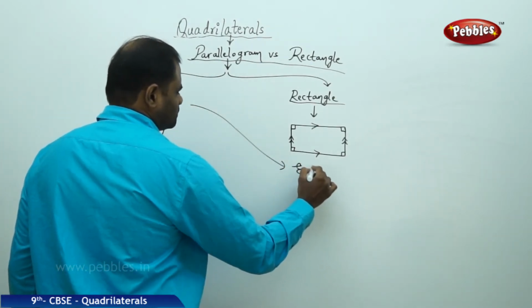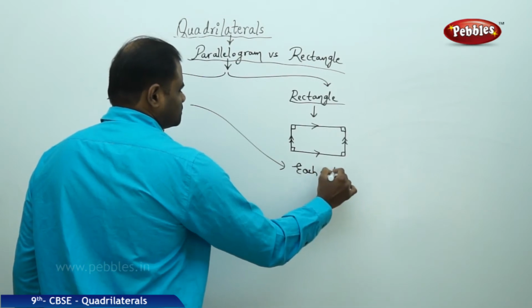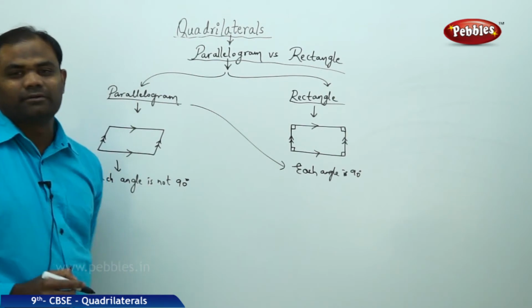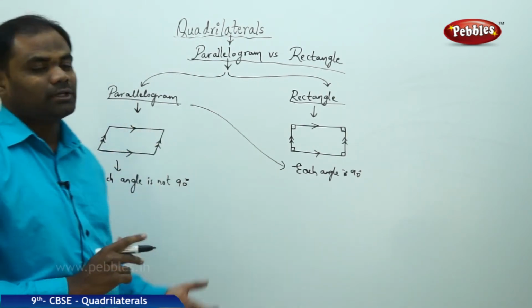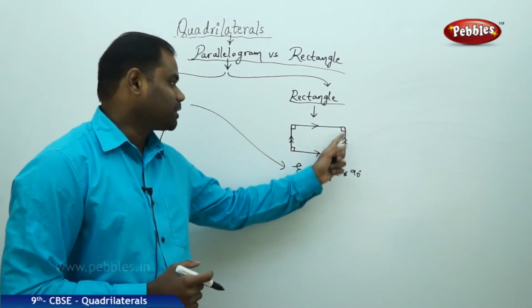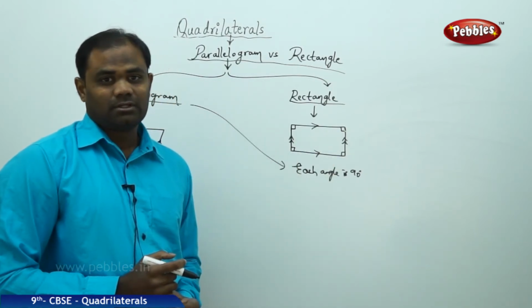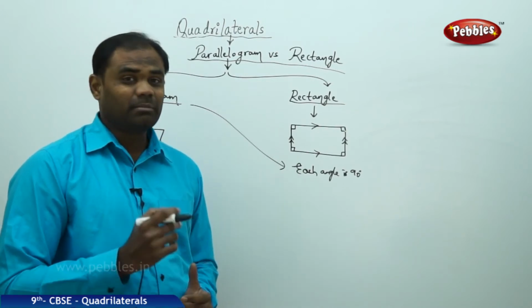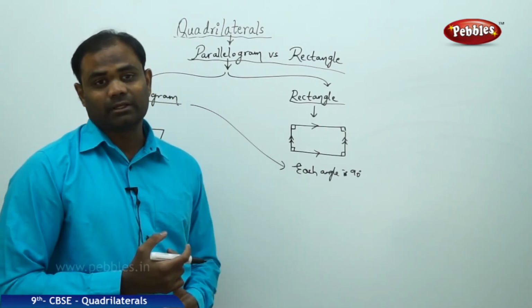each angle, which must be 90 degrees. In a parallelogram, each angle is not 90 degrees, but in a rectangle, each angle is 90 degrees. So every rectangle is a parallelogram, but every parallelogram is not a rectangle.